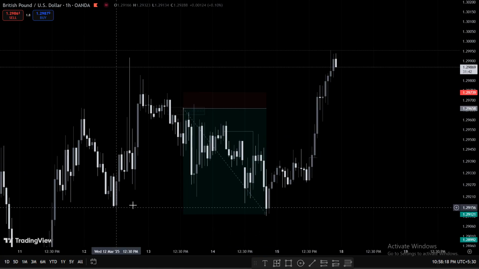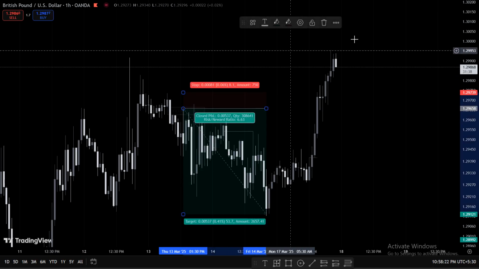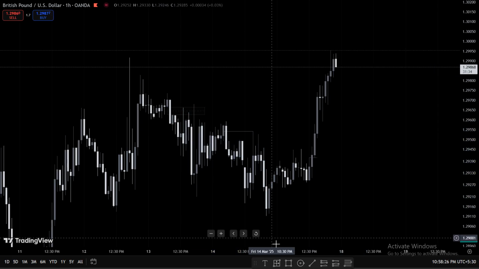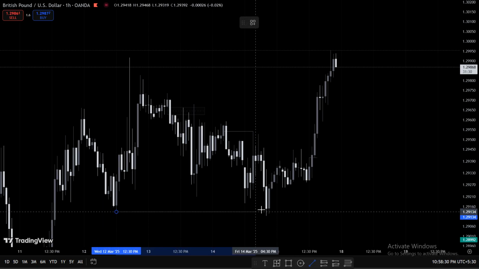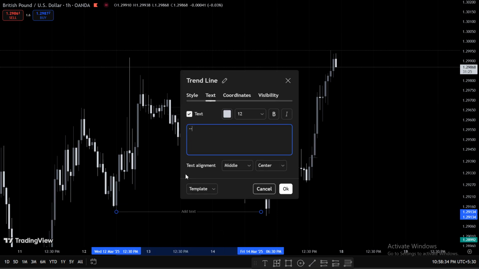After taking the sell side, let me just highlight the sell side and buy side liquidity. I'll hide these. This is going to be highlighted.